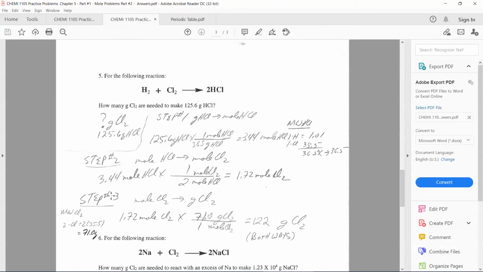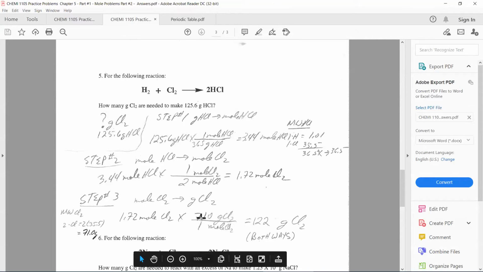And now step 3, moles of chlorine, B, to grams of chlorine, B, what we're trying to find. And I have moles of chlorine that I just calculated in step 2. I want to go to grams of chlorine, and whatever I'm trying to get to goes on top, grams of chlorine. Whatever I'm trying to get rid of goes underneath, moles of chlorine.